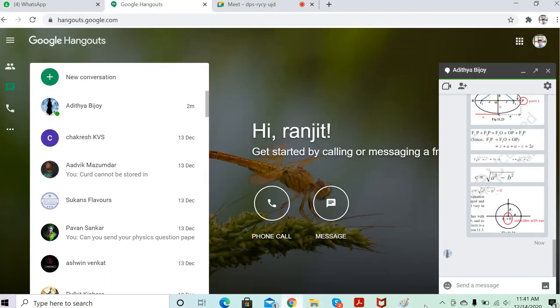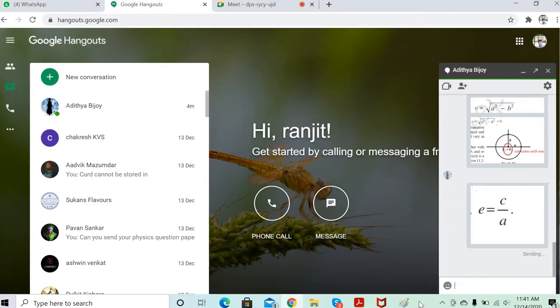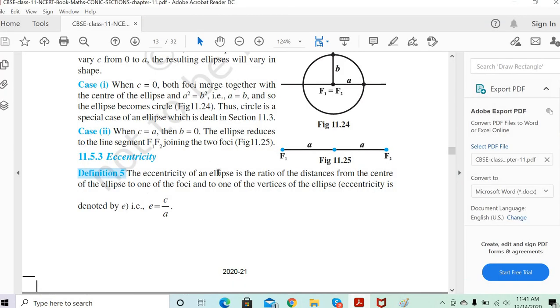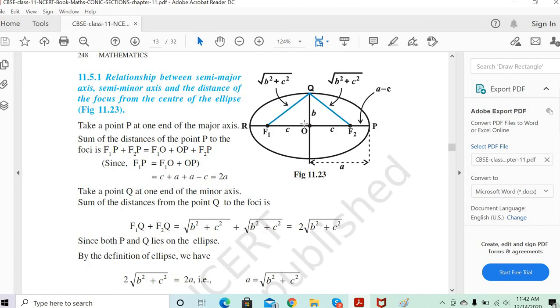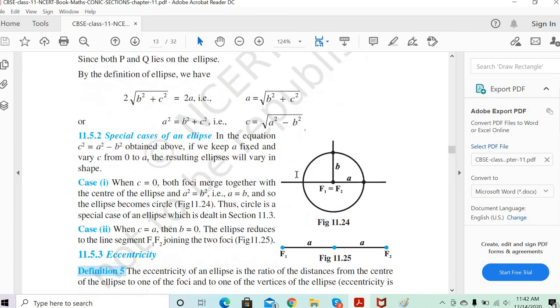So as the name justifies, it is the ratio of the distance from the center of the ellipse to one of the foci. So basically c by a. So you need the ratio of OF1, the distance between the center and the focus, to OR, the semi-major axis. Correct?